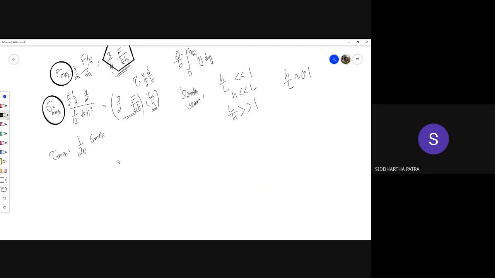Now, why am I doing all these calculations? You see, in plasticity, we learned about yield surfaces and yield conditions. For example, if we are to use the Tresca criteria, we need to get the principal stresses.